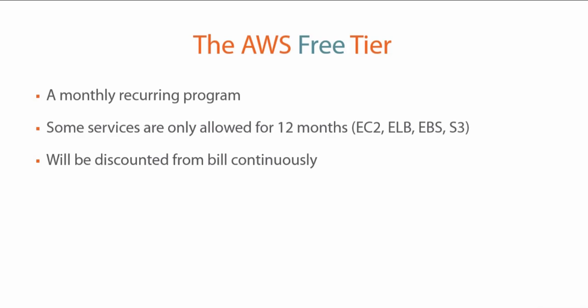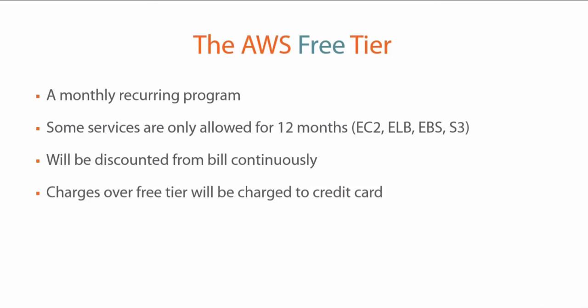Amazon will still discount the free tier value from your bill. So let's say your bill was $100 and the free tier, and these are just numbers I'm throwing out there, is valued at $5 a month, then it will discount that $5 from the $100, and it's going to continuously discount this from the bill. So that's kind of cool as well.